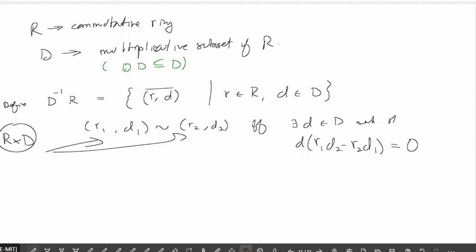Fine. So basically, this is just R cross D modulo this relation. That means a set of equivalence classes.